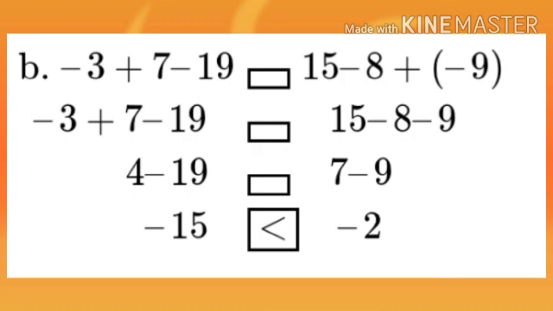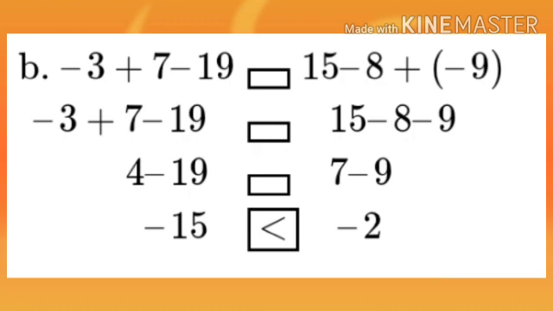The additive inverse of 19 is minus 19. Then plus 4 minus 19 means take the difference of these numbers, which means 19 minus 4 is equal to 15. The greater number's sign is negative. The greater number is 19 here, put the negative sign there. Therefore, the expression minus 3 plus 7 minus 19 is minus 15.